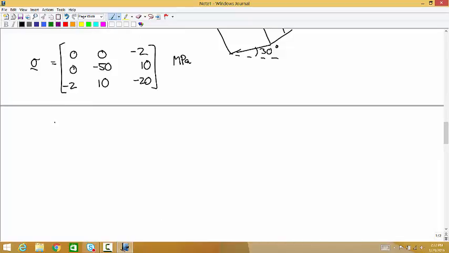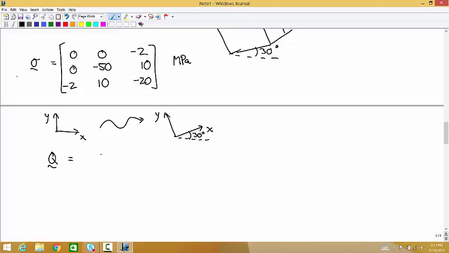A rotation matrix, we're going from this to this, where that's 30 degrees.